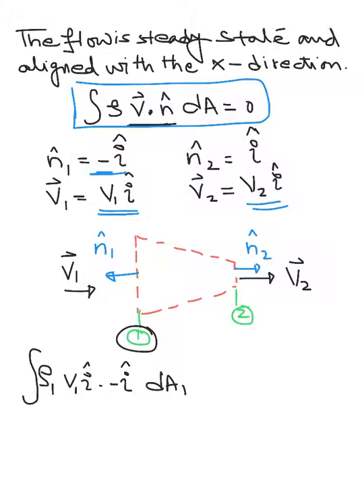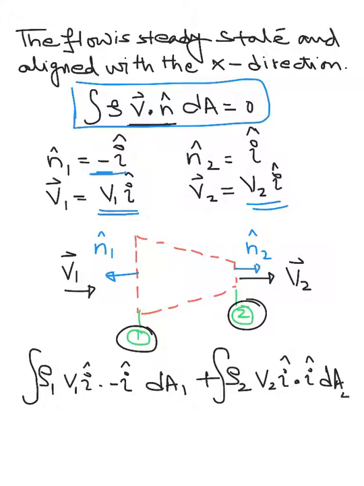This is my first term. For the second, I apply the same thing: integral of rho 2 v2 i cap dot the normal n2 dA2, equal to 0. That is the equation that I have applied.